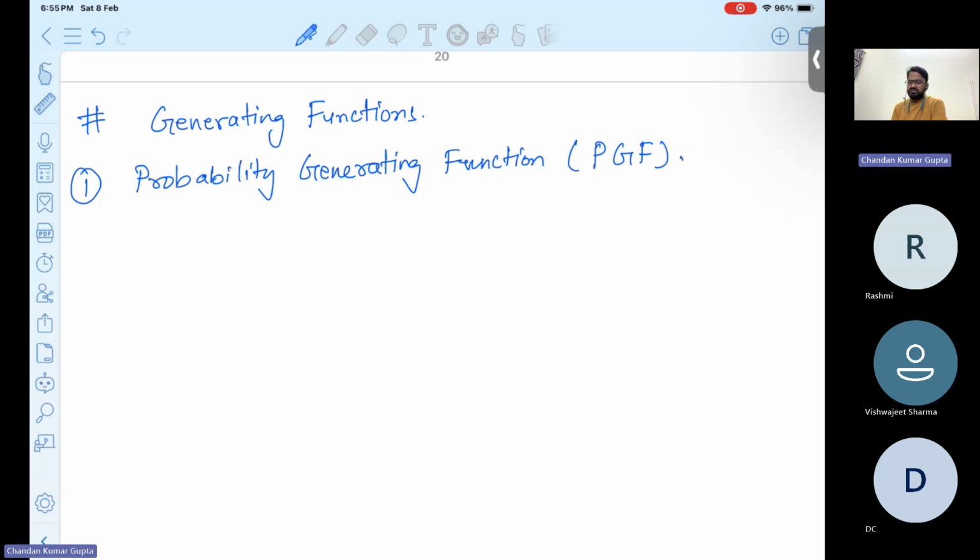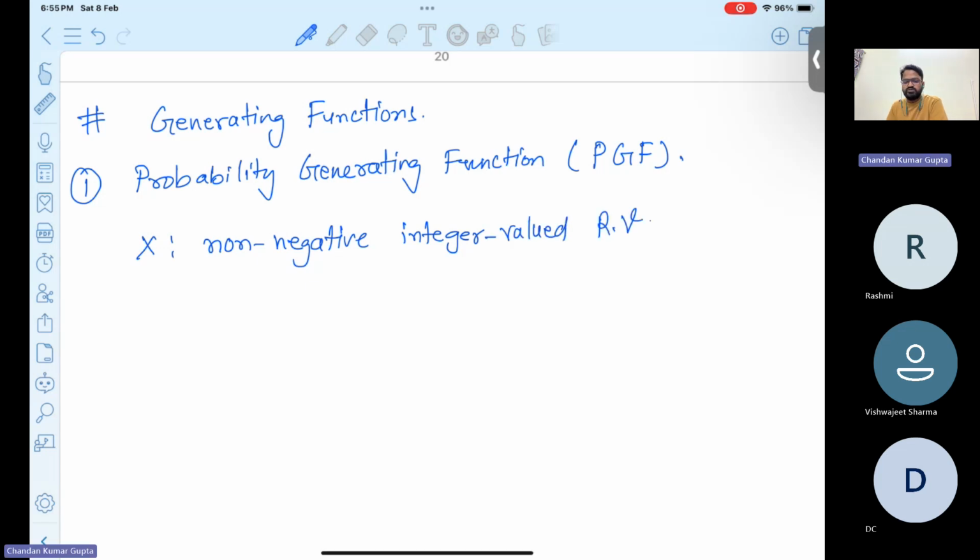Look, the definition is: let X be a non-negative integer valued random variable. So that means we find the PGF for a discrete random variable.